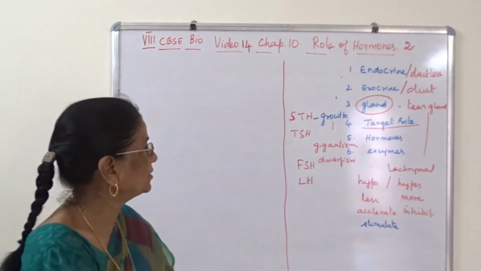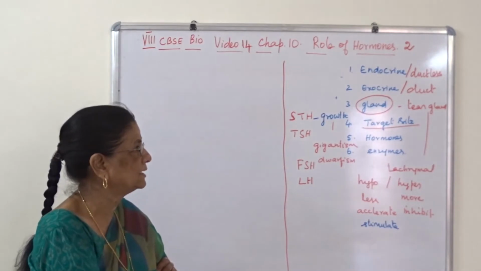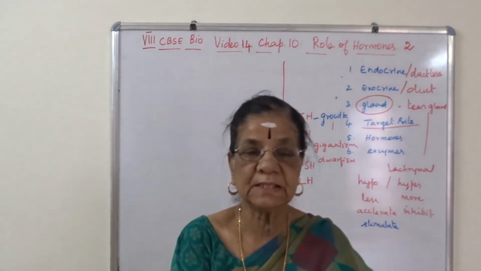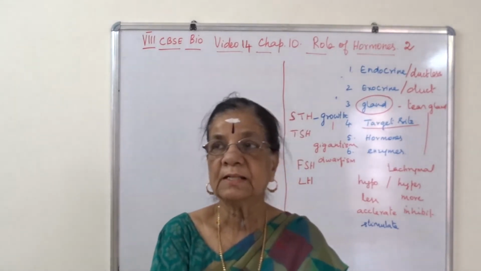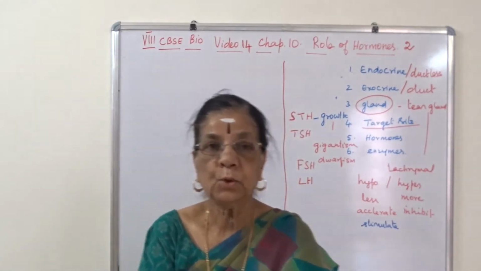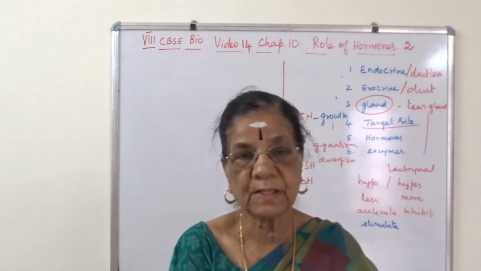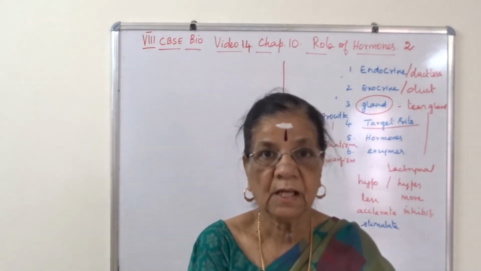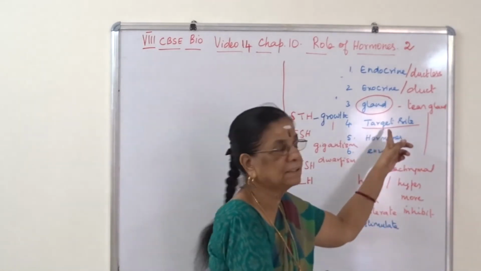Then we came across the term target site, where the endocrine glands secrete hormones and they are directly poured into the bloodstream. Again, it reaches the target organ or target site.